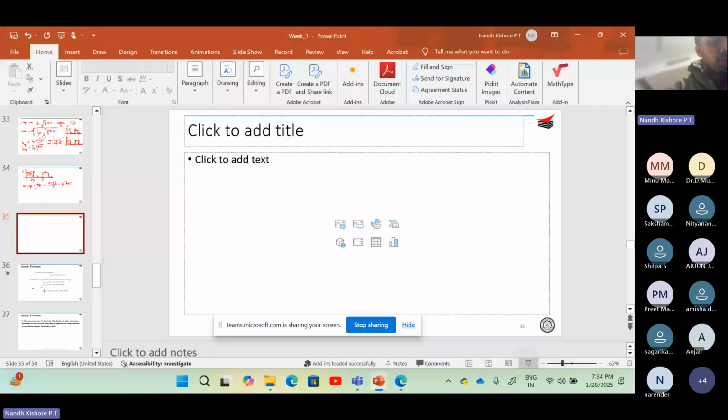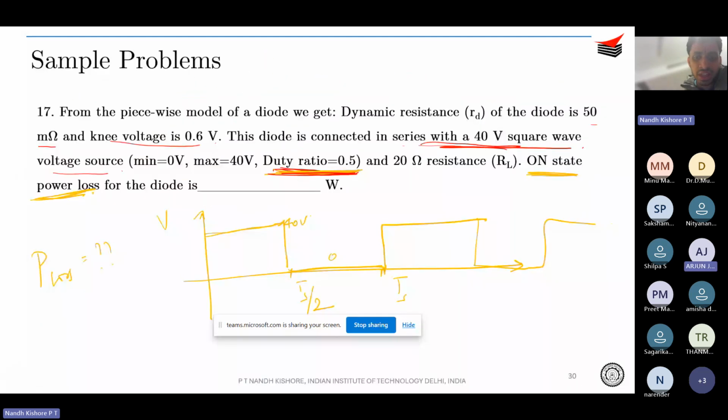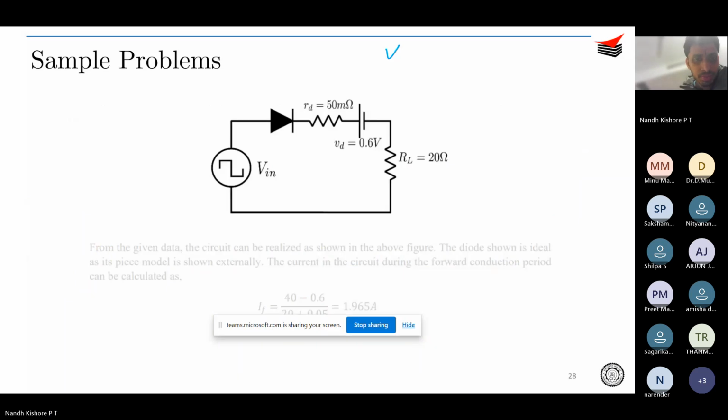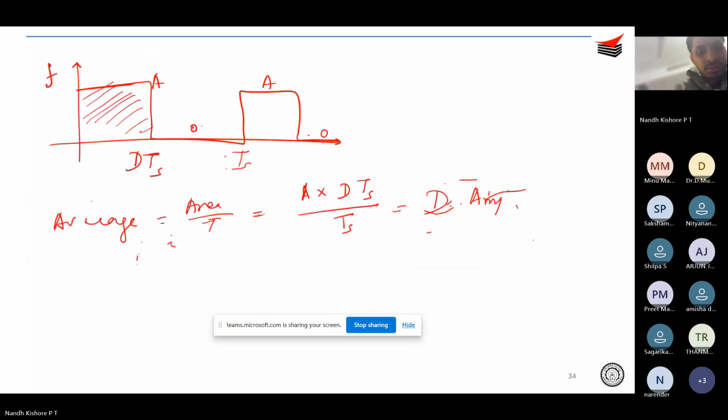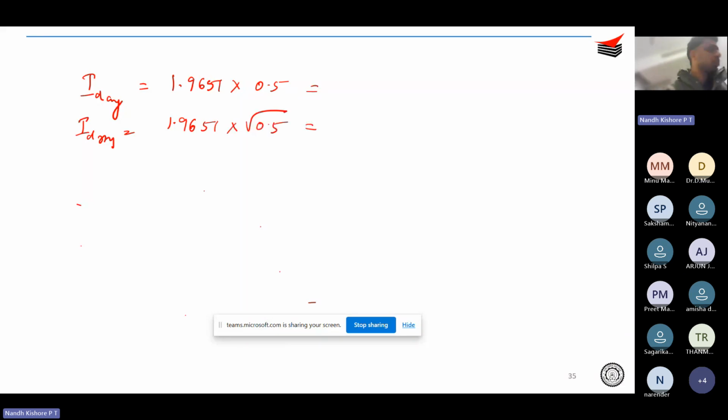ID average is going to be 1.965, if I remember right, into 0.5, and ID RMS is 1.965 into root over 0.5. Okay.